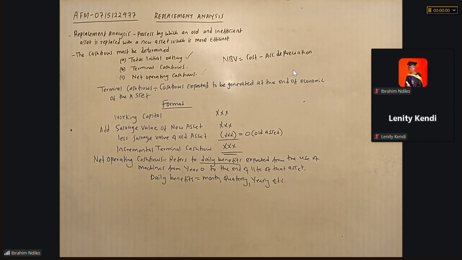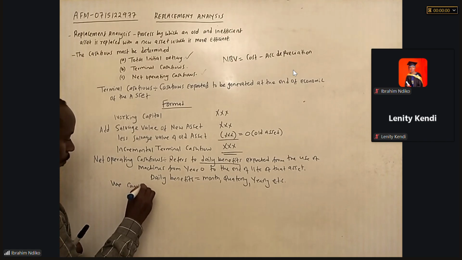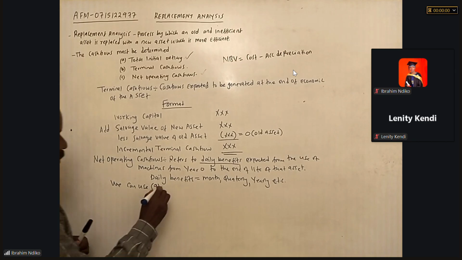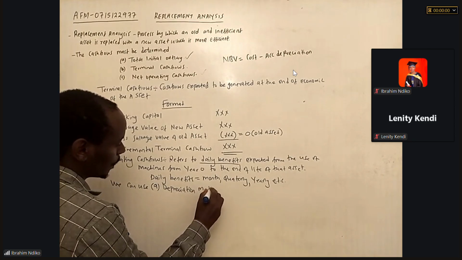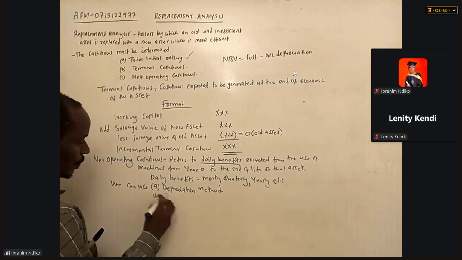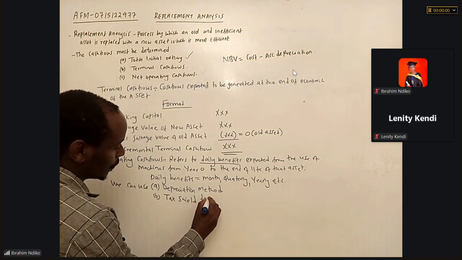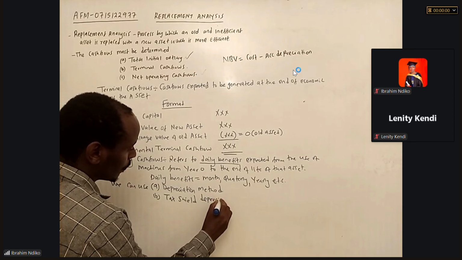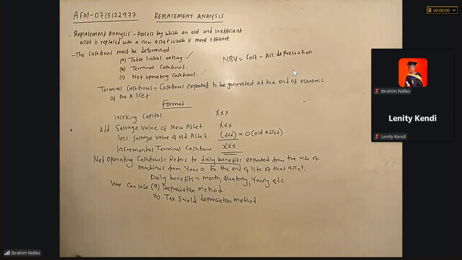And how do you compute this net operating cash flow? We have 2 methods: the depreciation method, or the tax shield method.